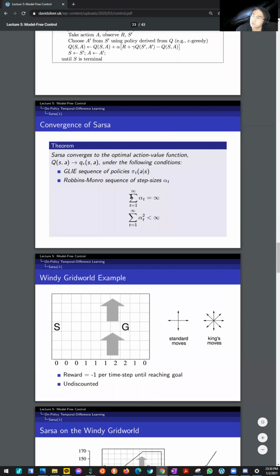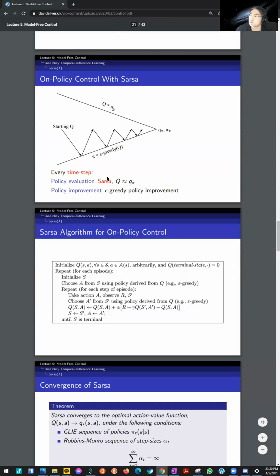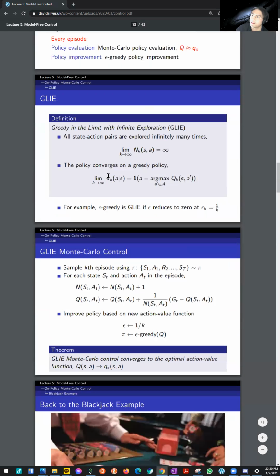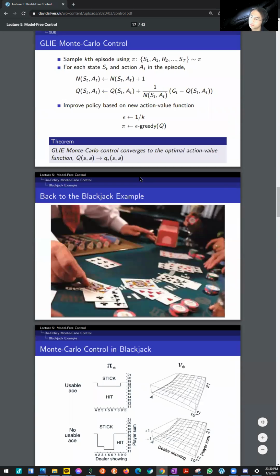Epsilon greedy can lead to convergence to the optimal policy, and since we talked about how, for this epsilon greedy policy to converge, we need to assume the GLIE sequence, which we went over before, greedy in the limit with infinite exploration.